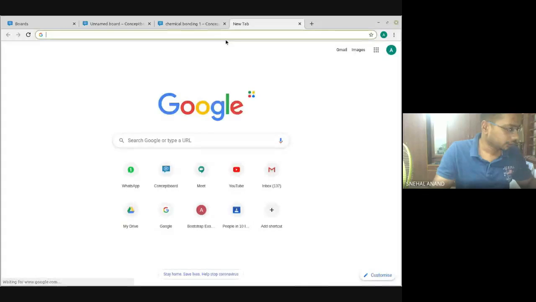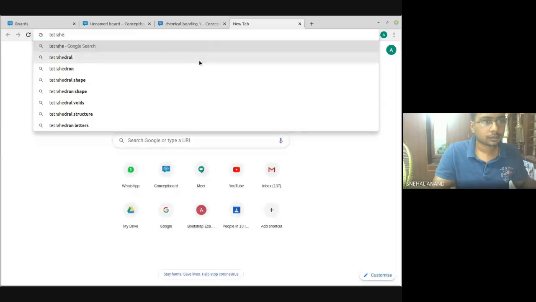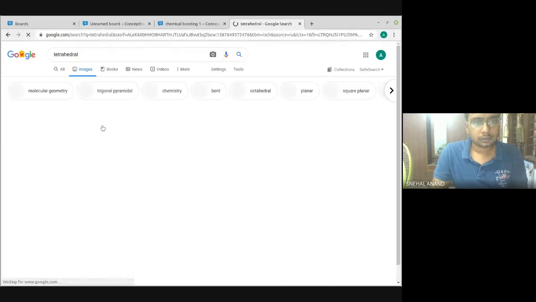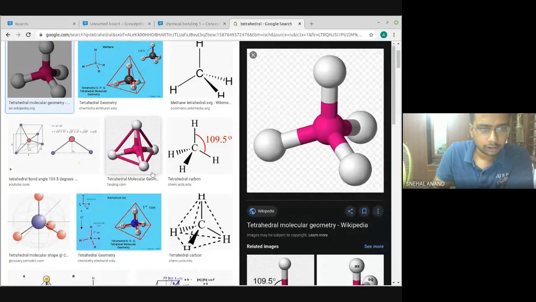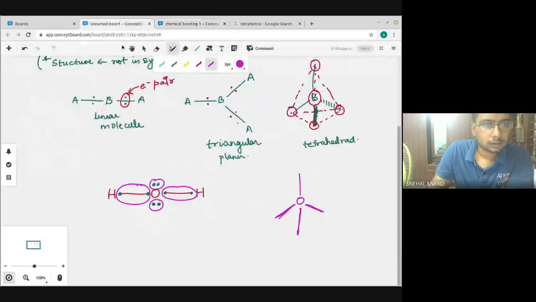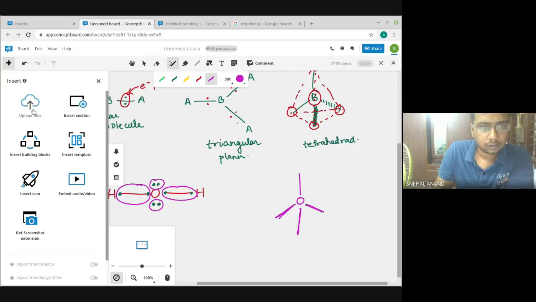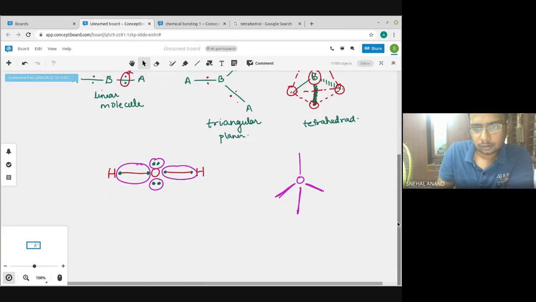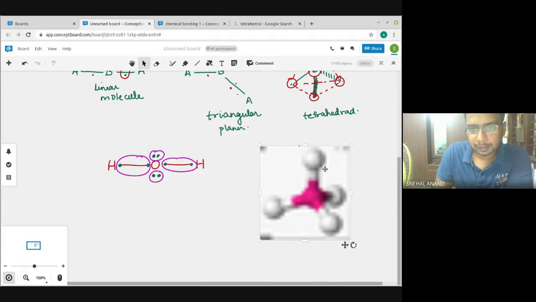Let me just draw a tetrahedral. Okay, so as you can see, this is how the tetrahedral structure looks. Some of you are already discussing something else.